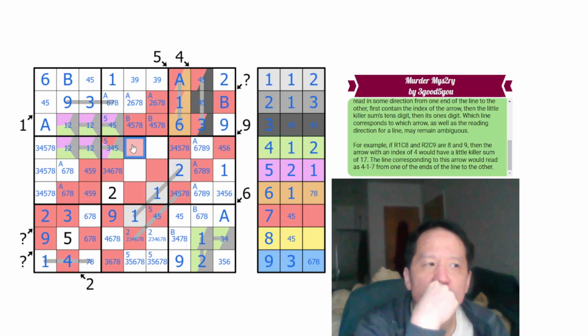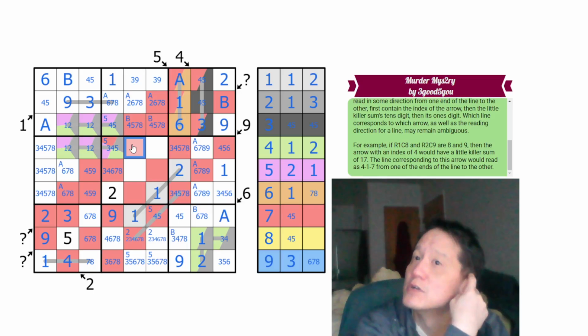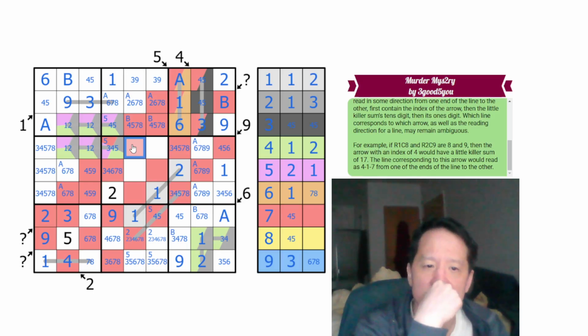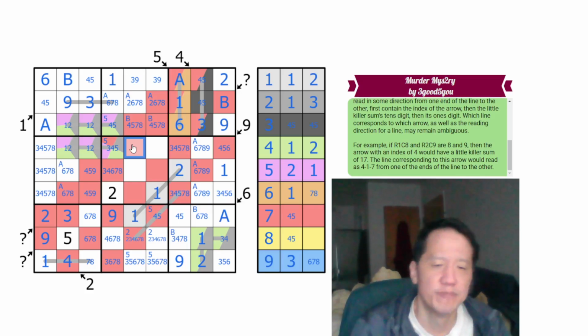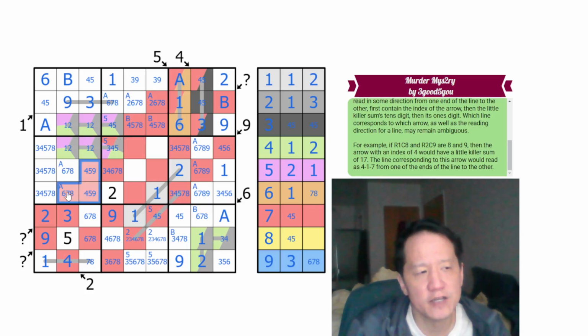So you could have 14 plus 20, which is 34, plus 5, 8, and 9, which would be 22. So that's 56. Plus 5, 9, 8, which is another 22, which is 78. Plus 2, 3, and 9.